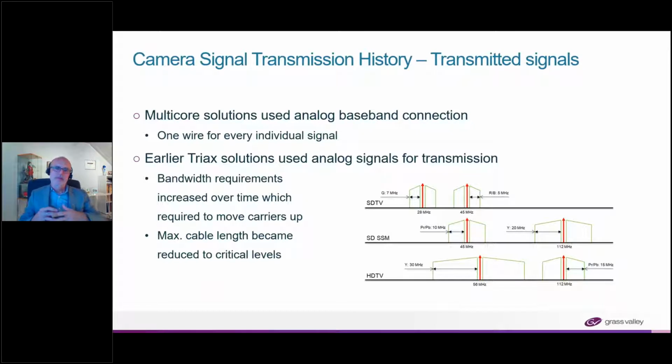But since the bandwidth requirements moved to larger bandwidths, from SD to HD, from single speed to high speed, the carriers needed to move up in the spectrum. That means they became a higher frequency, so you had more losses over the cable, and at one point, especially when HD came into use, the maximum cable length was getting too short.